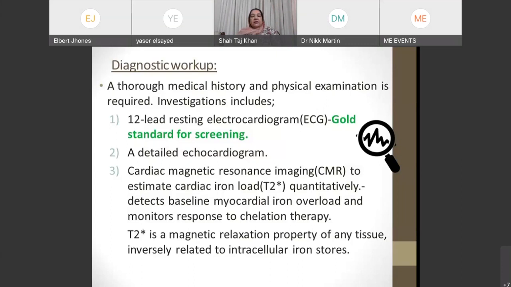A detailed echocardiogram to show the activity of the heart, and T2 star MRI, the cardiac magnetic resonance, are very important because this shows the magnetic relaxation property of cardiac tissue, which is inversely related to intracellular iron stores.